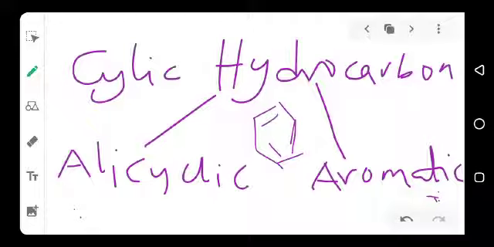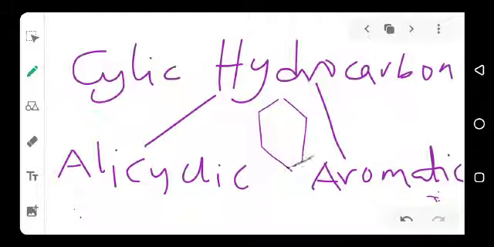Okay, so it has alternating double bonds. Therefore this one, that is benzene, is an aromatic hydrocarbon or aromatic cyclic hydrocarbon. But when we draw a structure like this, a structure that resembles a benzene, it resembles a benzene.